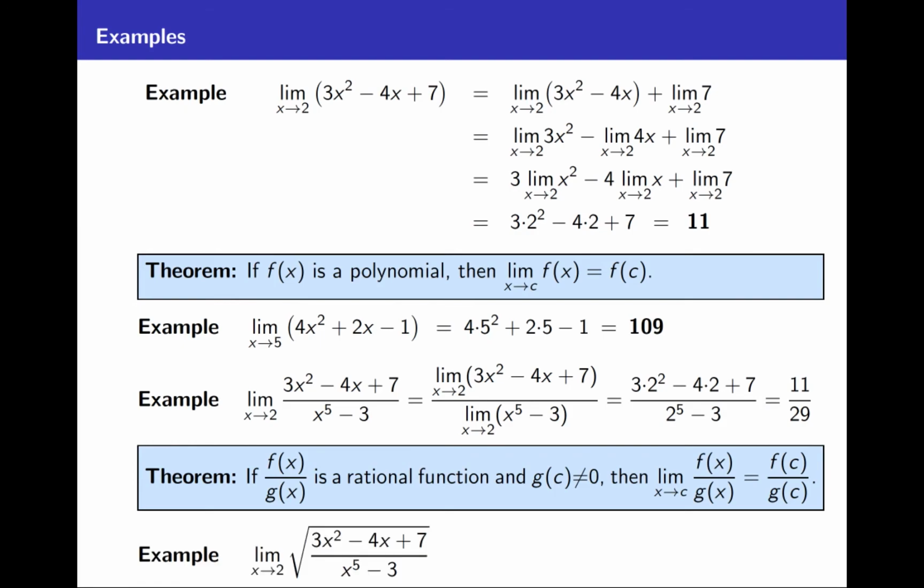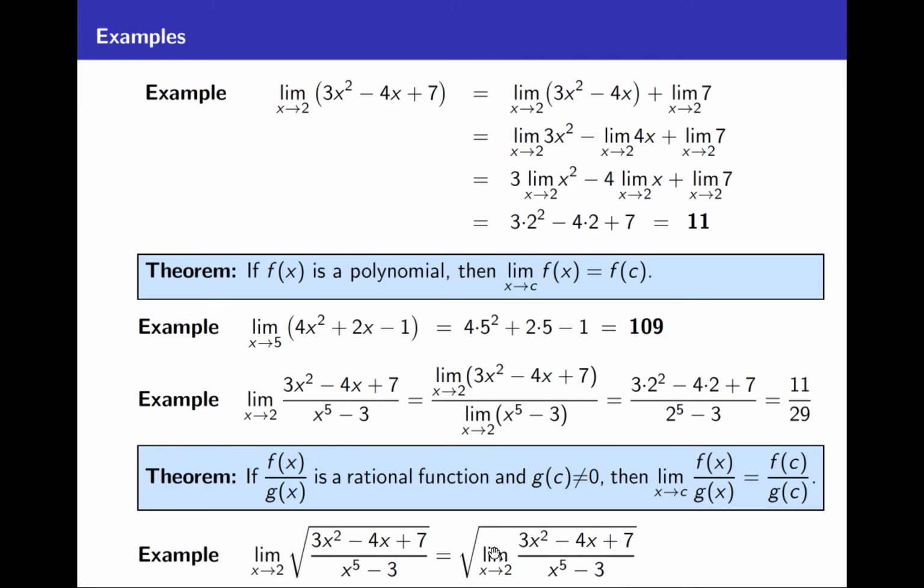Here's another example. It looks just like our previous example, except we're putting this expression in a square root. Now remember, we had this limit law that said in a limit of the square root or the nth root of a function, that limit can come inside the radical. So this is the square root of the limit as x approaches 2 of 3x squared minus 4x plus 7 over x to the 5th minus 3.